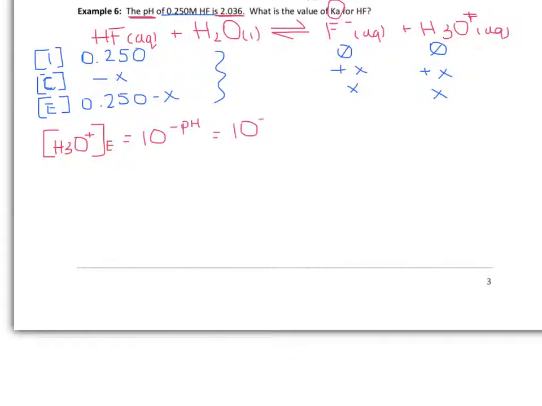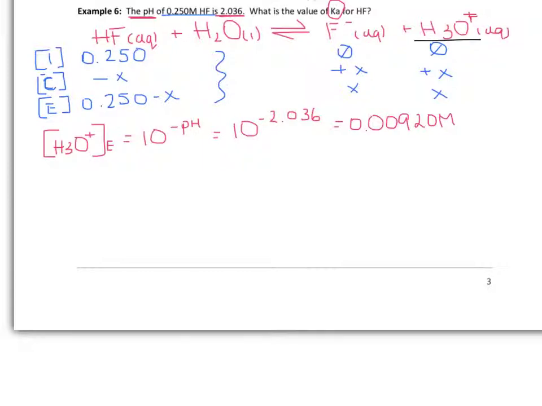That would be 10 to the negative 2.036. Since our pH has 3 decimal places, our concentration will have 3 significant figures. So this is 0.00920 molar. Again, this is the equilibrium concentration of the hydronium ion.